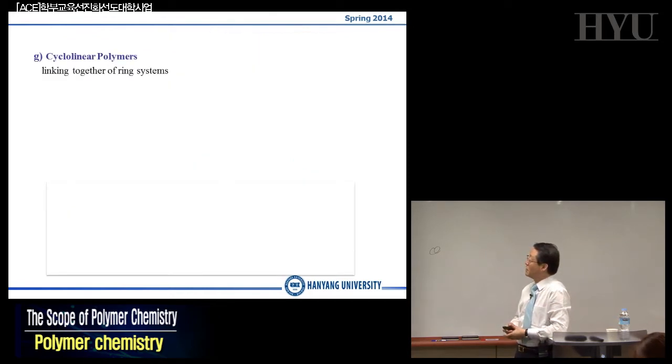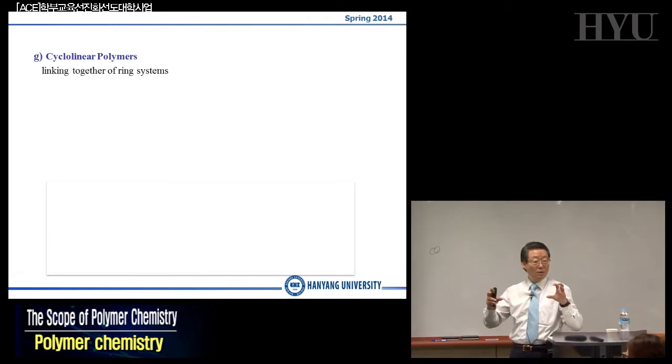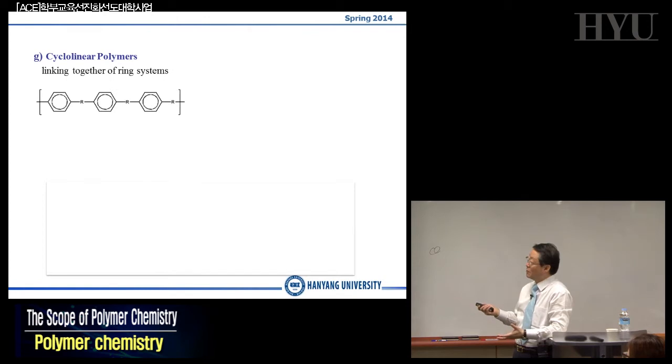Let me say 3 more polymers, where we have a cyclolinear polymer. It is a linear polymer, but you have rings. We have cycles, which look something like this. It's a benzene ring, and you have other substituent groups in between these benzene rings. So we have aromatic rings, and this is a little different from the first linear polymer. It's a linear polymer, but because of the cyclic benzene ring, you have a very strong nature of this polymer.